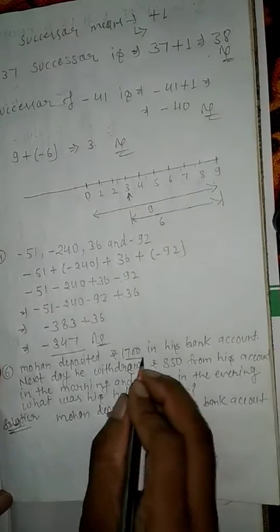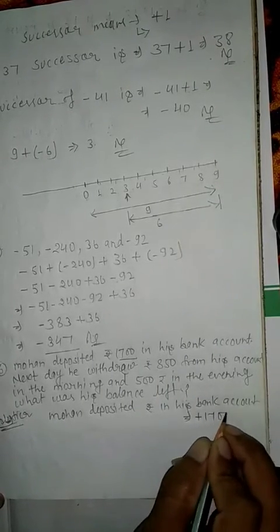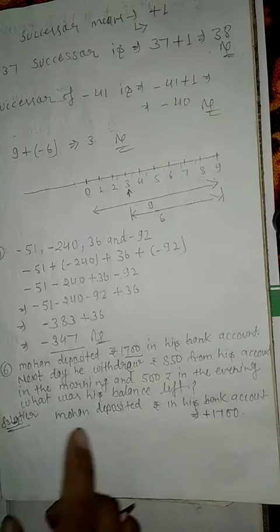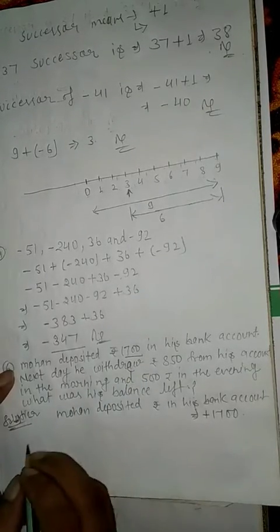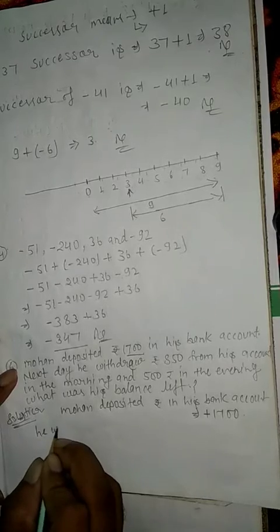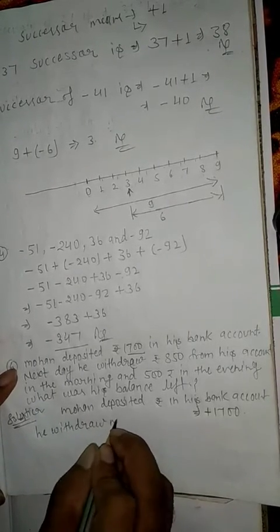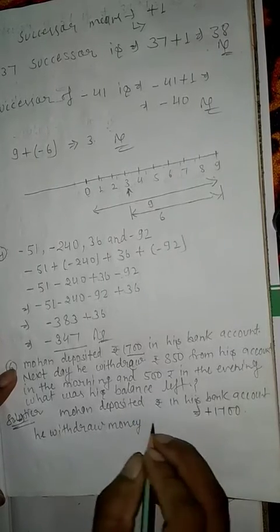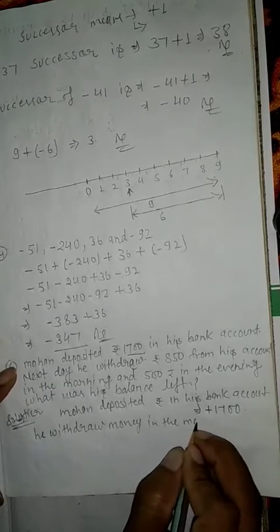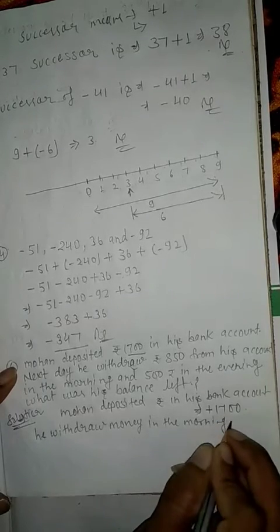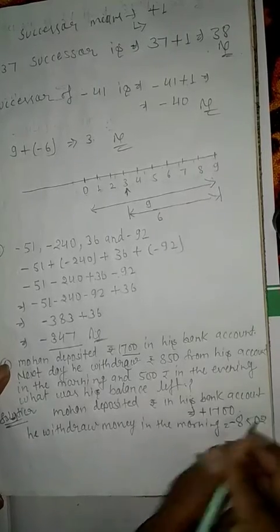This is a positive value, so we write plus 1700. And the next day he withdraws. Withdraw means subtract. He withdraws money in the morning, 850 rupees. This is a negative value.